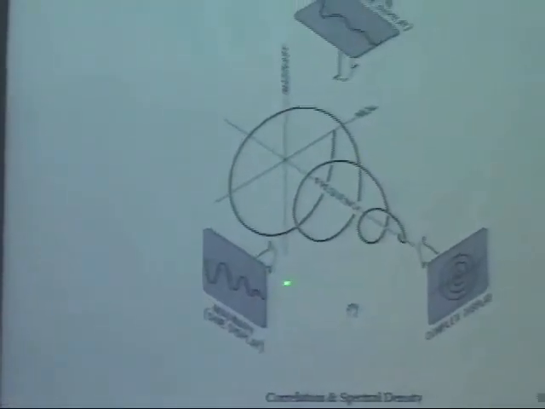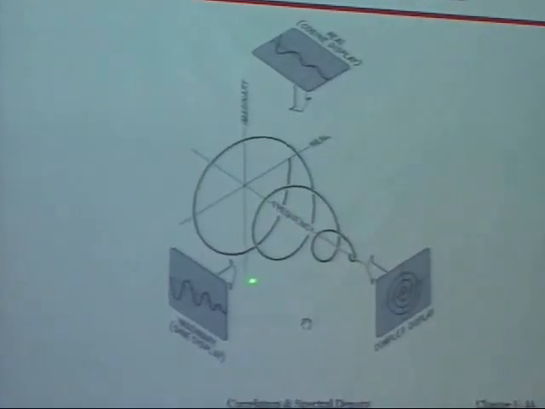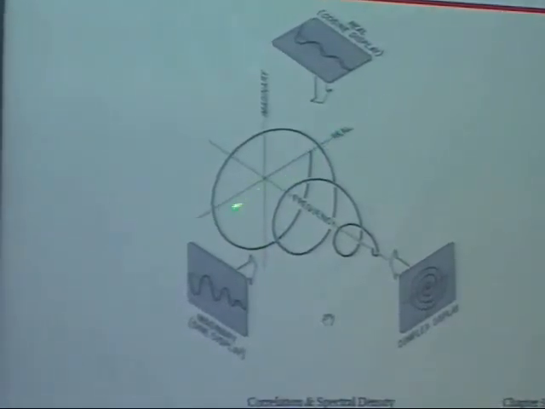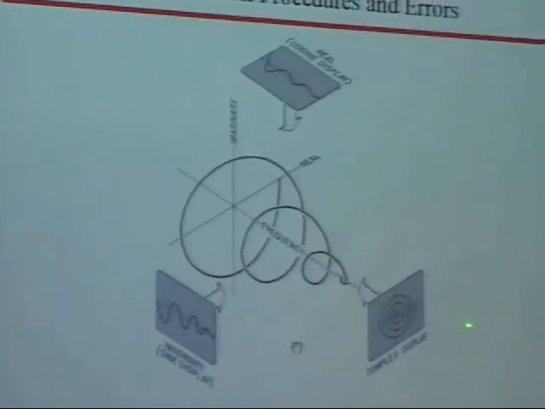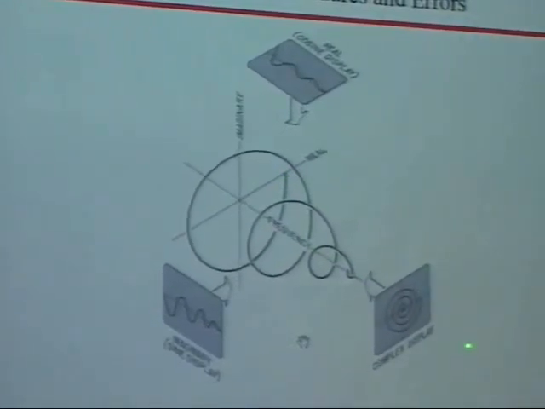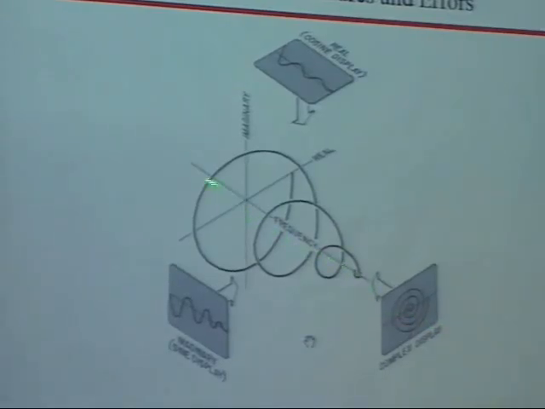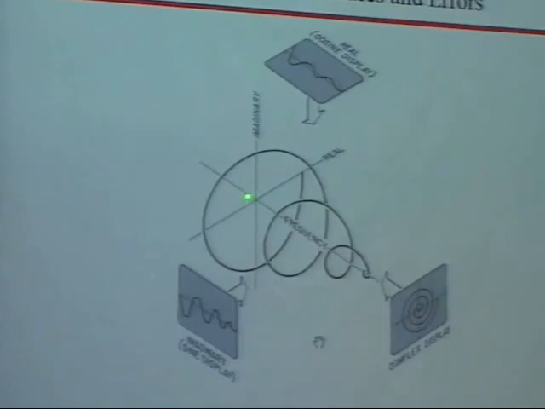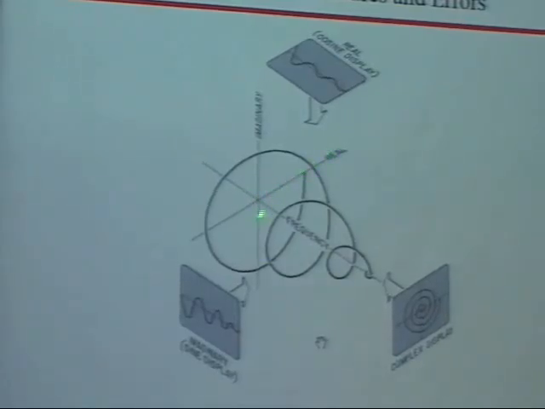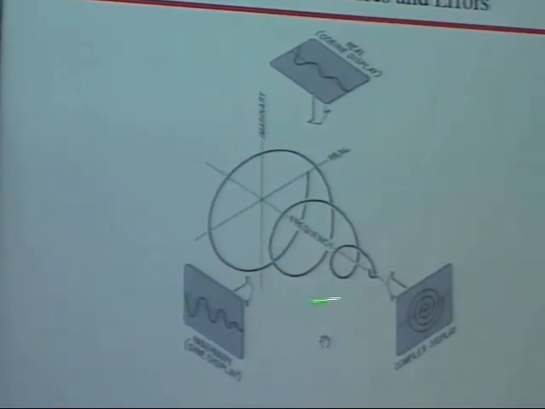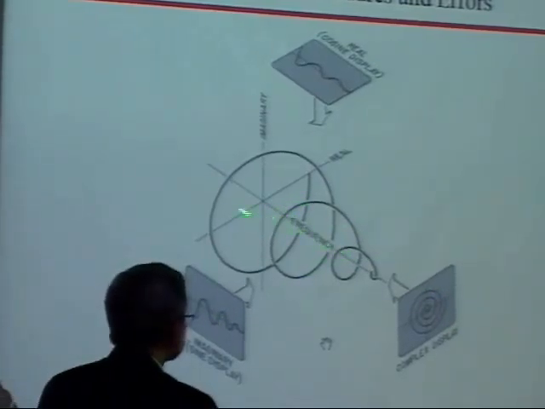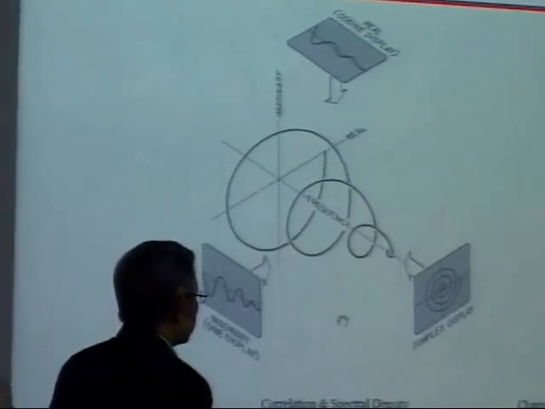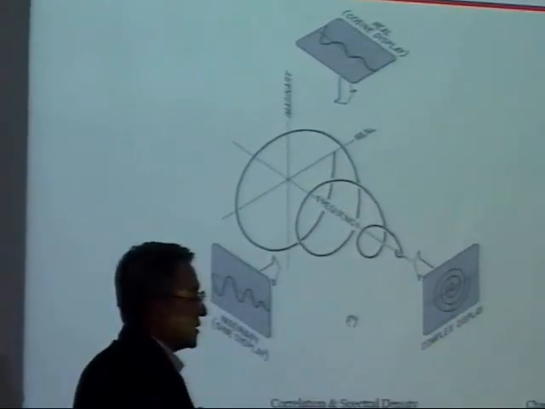this is imaginary. When you take a Fourier transform of the real data, it has a real part and an imaginary part. Looking straight through this axis, this is the frequency axis, this is real, this is imaginary. If you look straight into the frequency axis, that's a complex display.